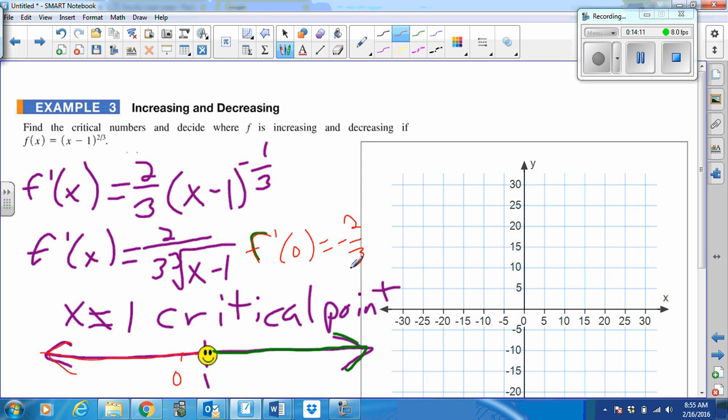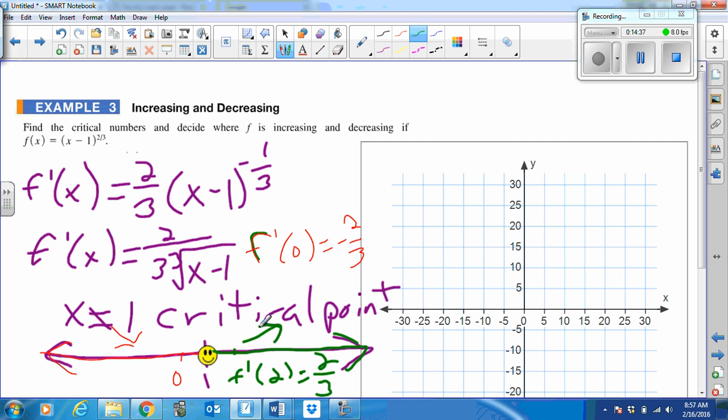So in this case, the derivative is negative, so the function is decreasing. And now for the green interval, we're going to test another easy point. So we're going to do f prime of 2. And when we plug that in, we get positive 2/3. And so in the case of the green zone, it's increasing.